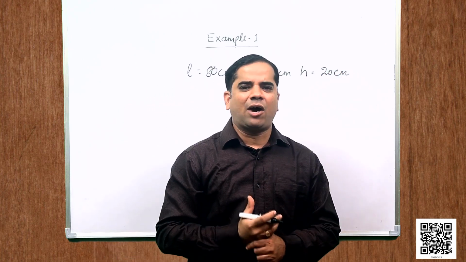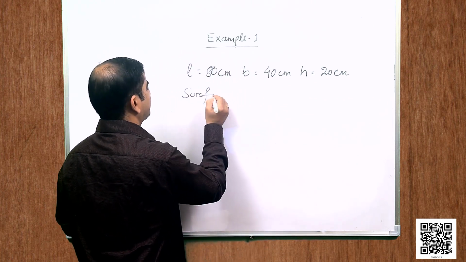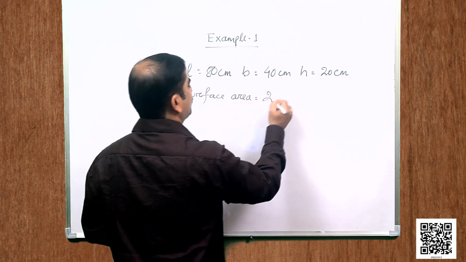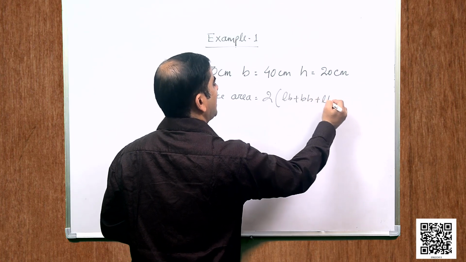So, the surface area of the box, let us find out the surface area. Surface area for which the formula is 2 into LB plus BH plus LH.